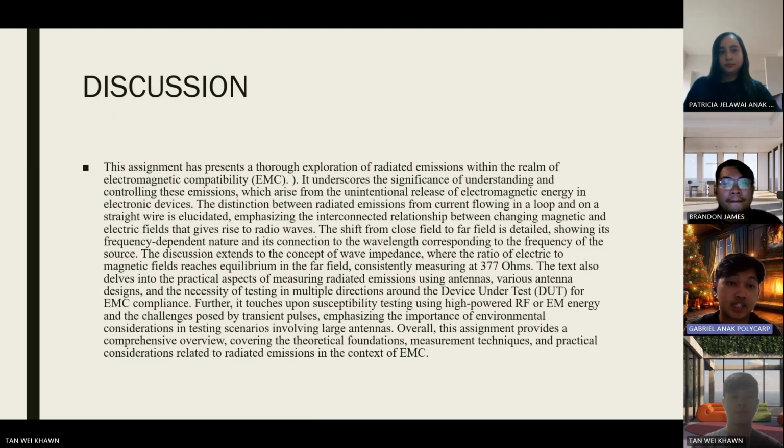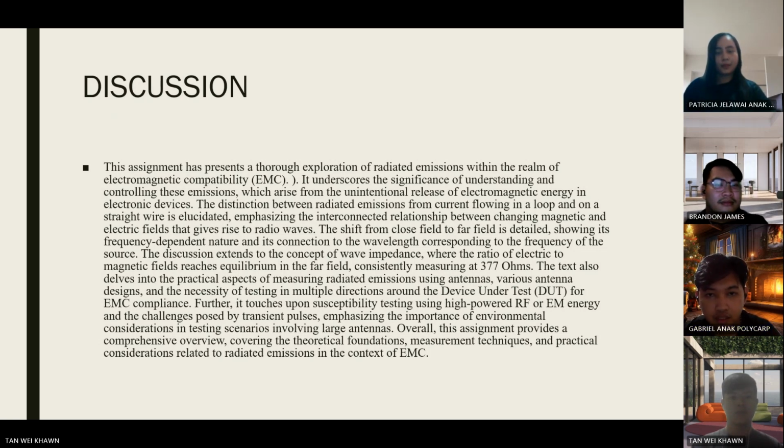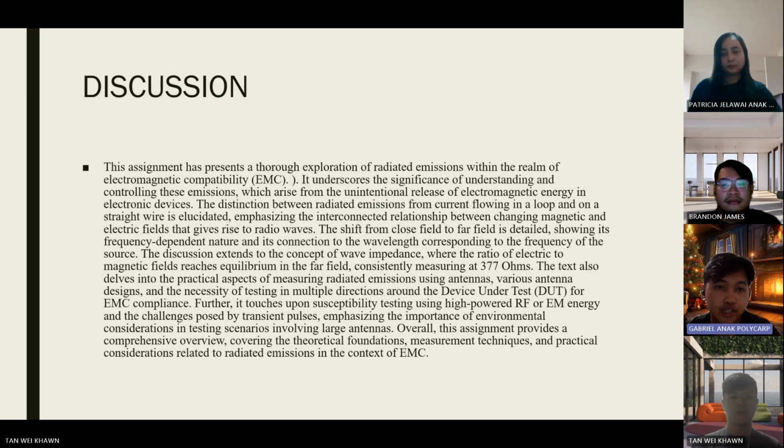So this is the discussion. This assignment has presented a thorough exploration of radiated emission within the realm of electromagnetic compatibility, which is EMC. It underscores the significance of understanding and controlling these emissions, which arise from the unintentional release of electromagnetic energy in electronic devices.